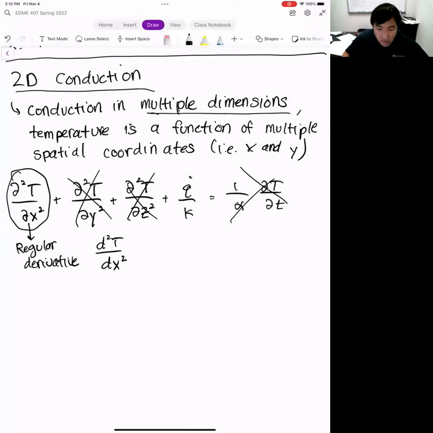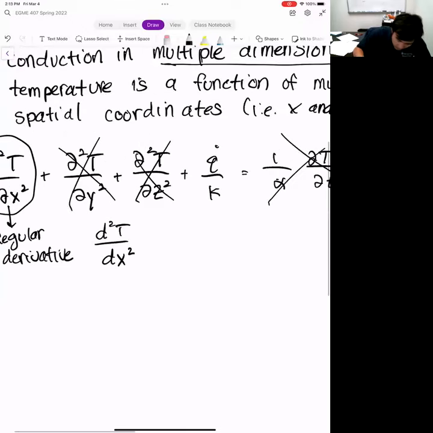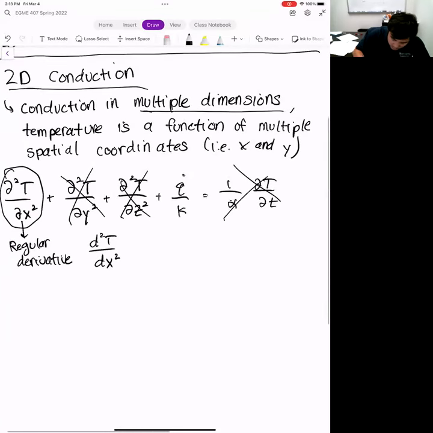Okay. But that's not the case, in general, right? So in general, we have multidimensional phenomena, and so we have to account for all of these things at once. Okay. The problem with that, and the problem with this equation, is that it requires a very strong mathematical background in order to solve the whole thing.